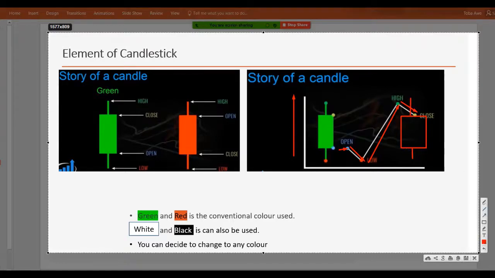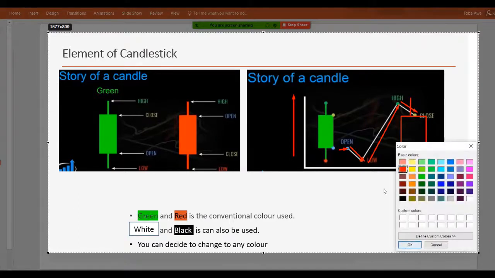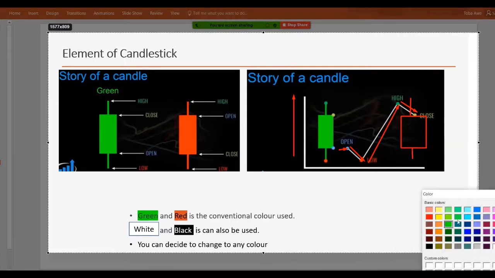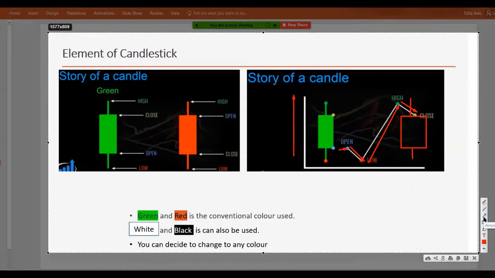So for this, we are going to have a green candle. It should be a green candle. I can't paint it green, but that should be a green candle. If this was the opening price and this was the closing price, it's going to give us a red candle.